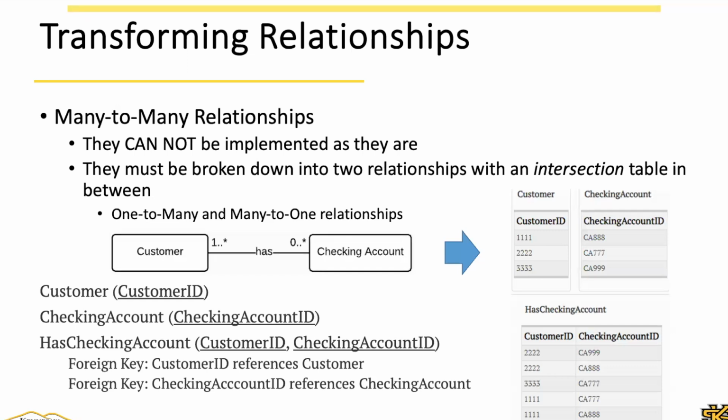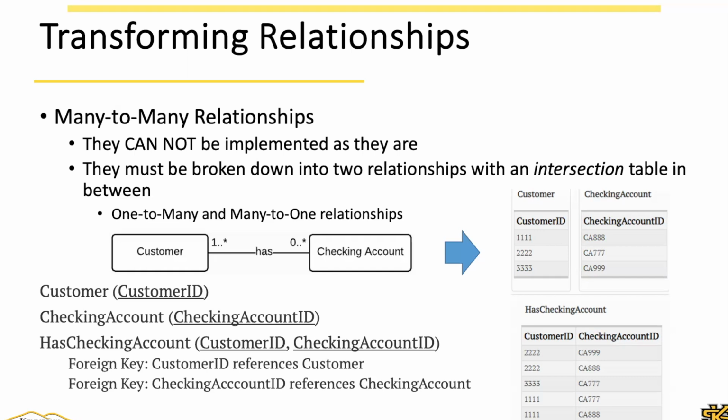Once you break the many-to-many relationship into two one-to-many relationships, you will need an intermediate table called an intersection table or association class. This table creates the necessary link, turning the many-to-many relationship into one-to-many and many-to-one relationships.